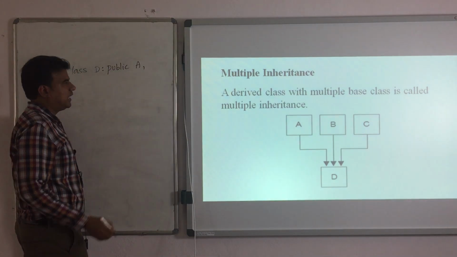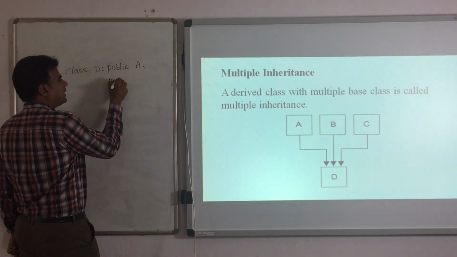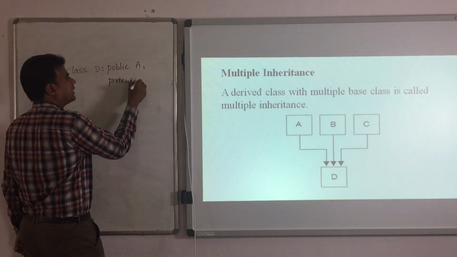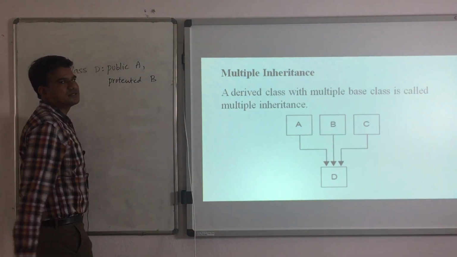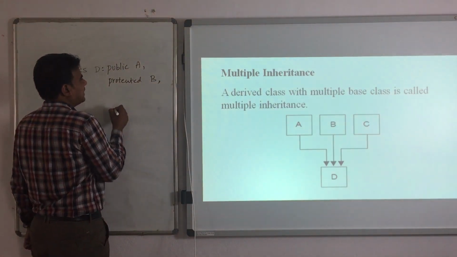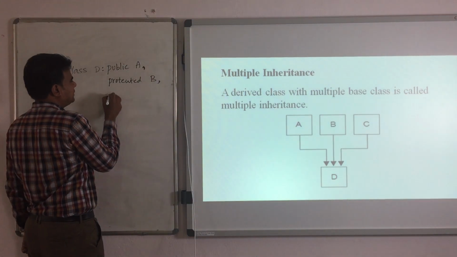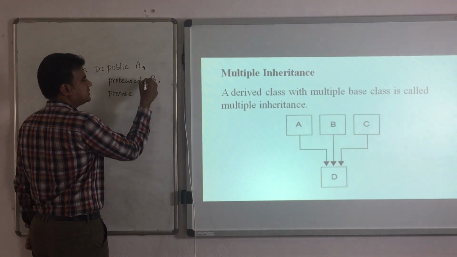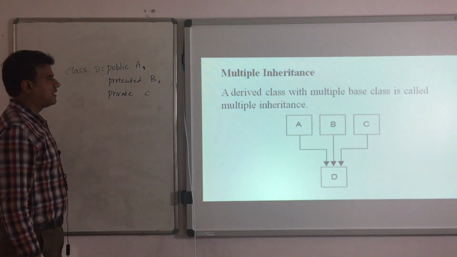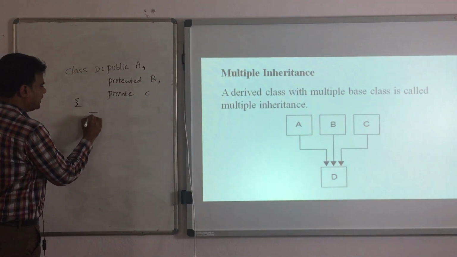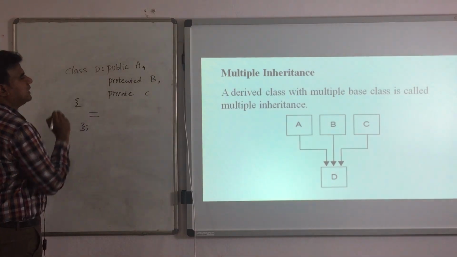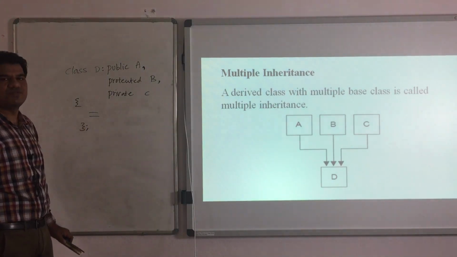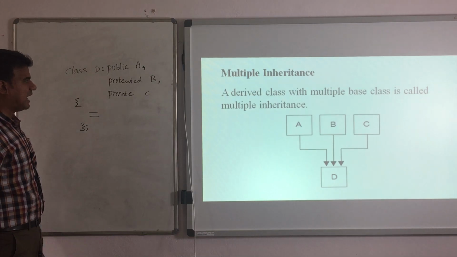Put a comma in between, and then put protected B. Next, put another comma and write private C. That's it, private C, and here you write the definition for your D class. So right now what will happen?